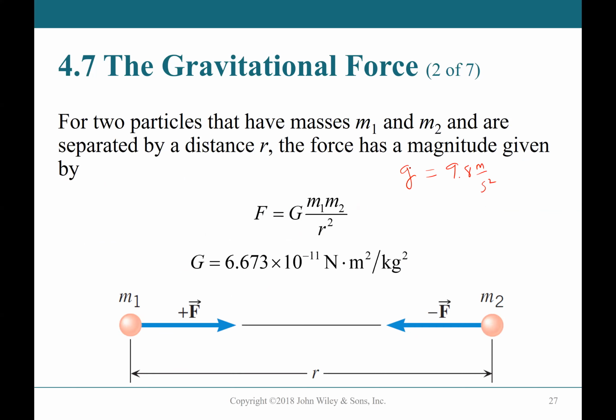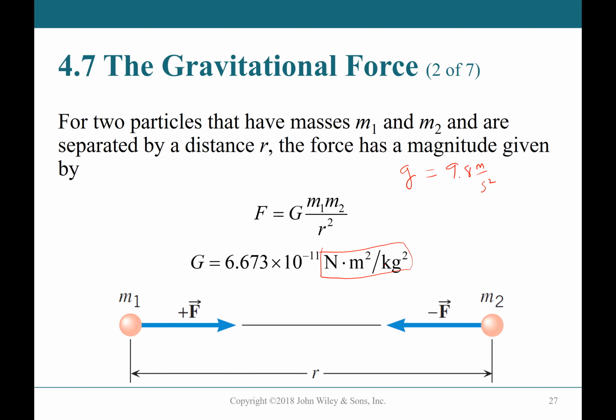I call that little g. I call this big G. And big G is a very, very small number, but its value is 6.673 times 10 to the minus 11. And the units for big G are newton meter squared per kilogram squared.